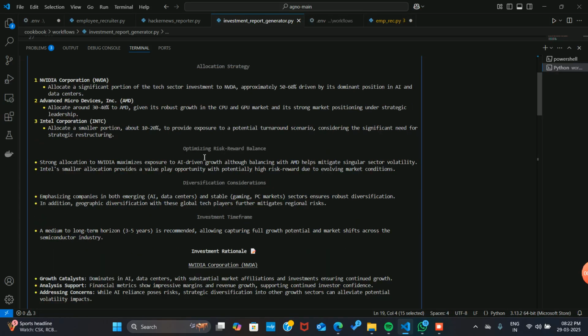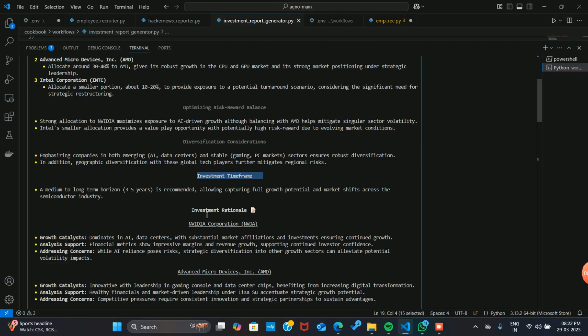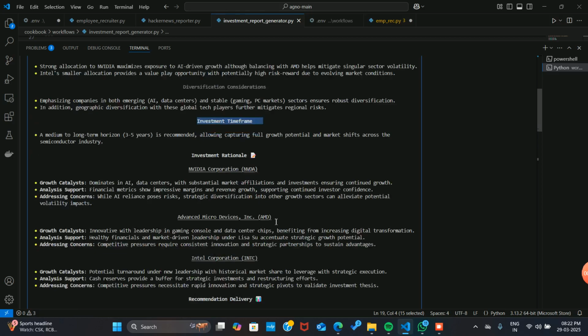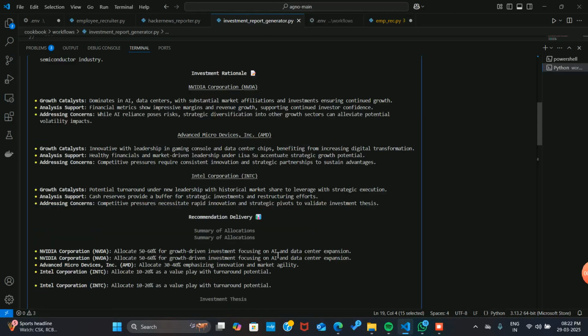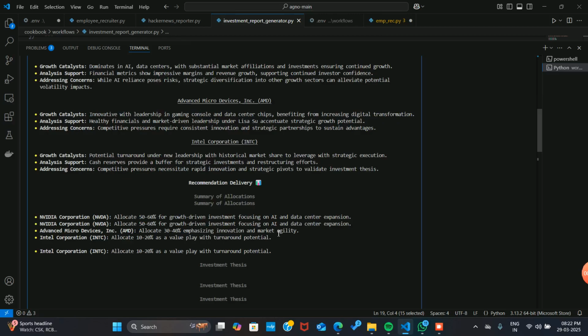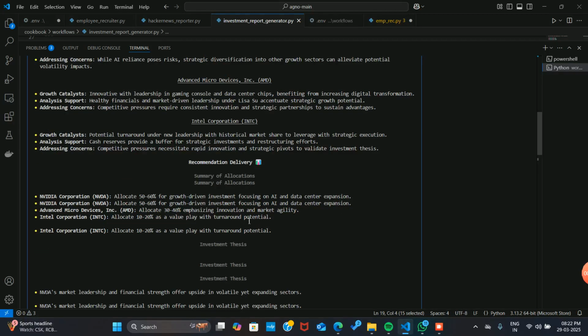Moving on, we have optimizing risk and reward balance, then diversification considerations, then investment time frame, then the investment rationale for NVIDIA, for AMD, and for Intel, and then the recommendation delivery: a summary of allocation. So this is how it is suggesting we should allocate.